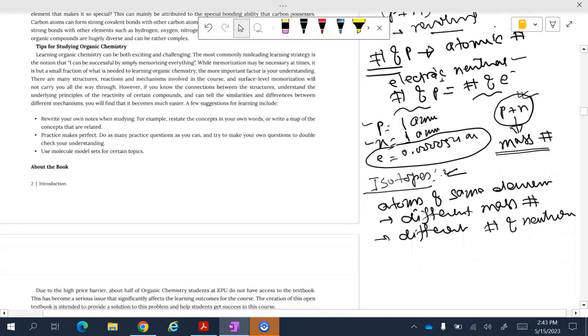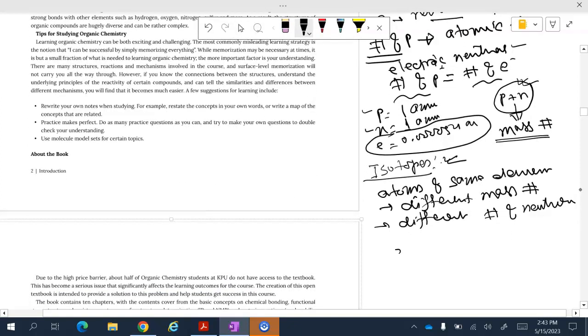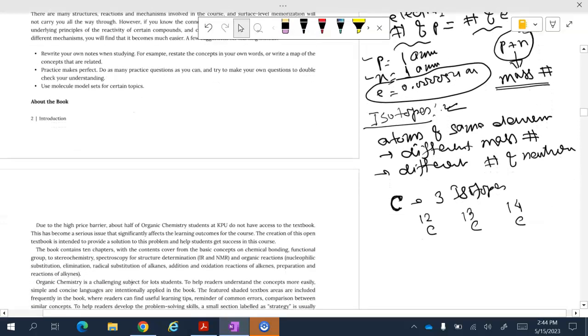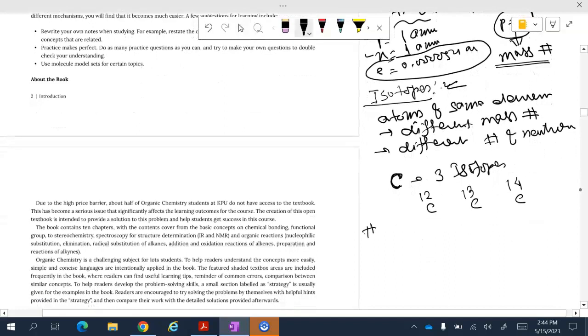All right, say for example carbon. Some books mention 4 isotopes of carbon, some mention 3 isotopes. So let's say carbon has 3 isotopes. One we call carbon 12, another is carbon 13, and one is carbon 14. In carbon 12, the number of protons in each carbon is, of course, 6.